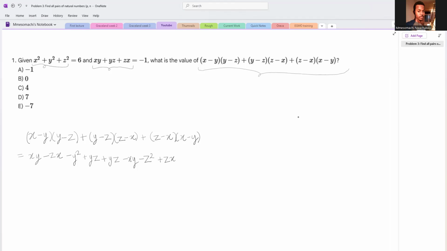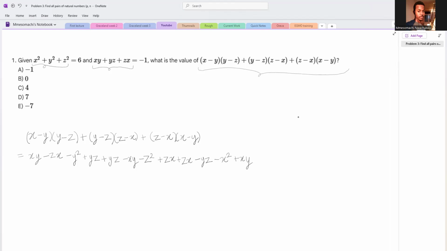Z times x, we get zx. Z times minus y, we get minus yz. Minus x times x, we get minus x squared. And minus x times minus y, we get plus xy.